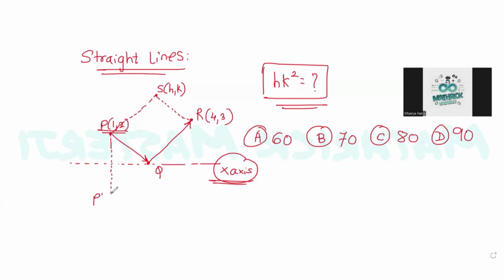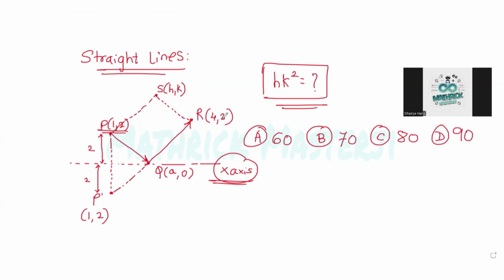When it's reflected, the x coordinate stays the same, and the distance of 2 units is still maintained, but the y coordinate goes from positive to negative because it is below the x-axis. The point Q is on the x-axis, so its y coordinate becomes 0, and its x coordinate I'll call a.